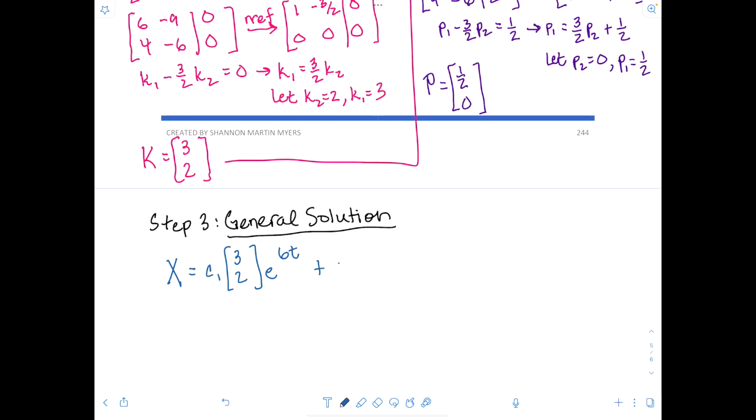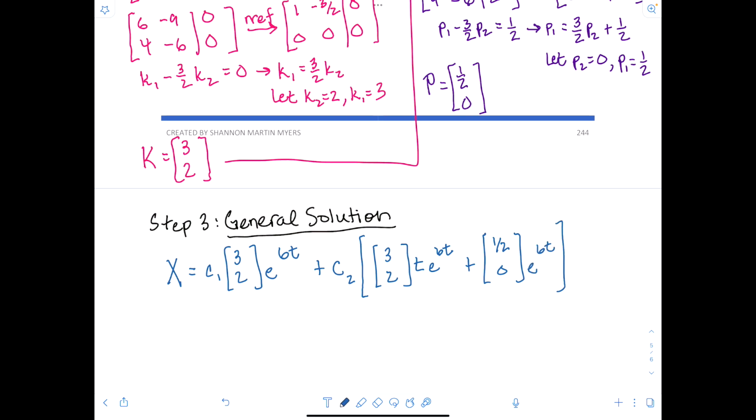Now, plus C2 times the quantity: the vector K, 3, 2, times t e to the 6t, plus our vector P, which was 1/2, 0, e to the 6t. And that is our general solution.